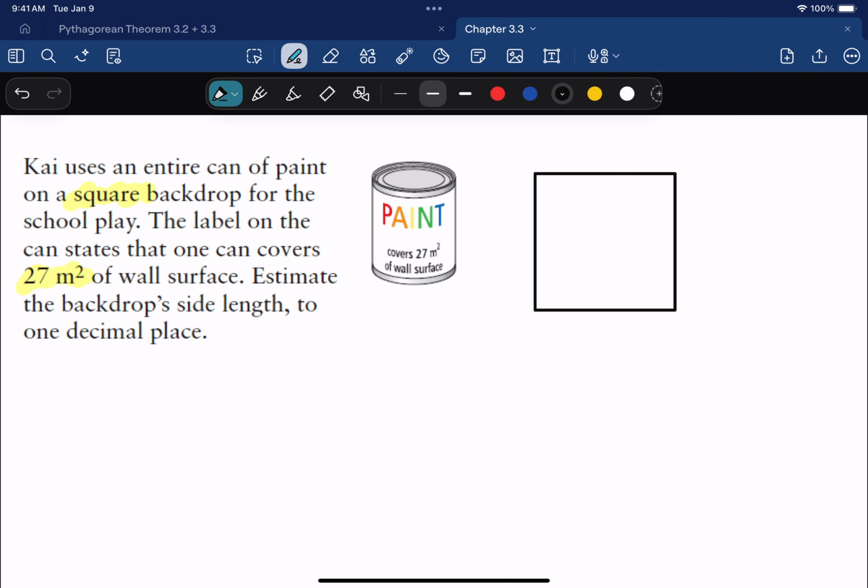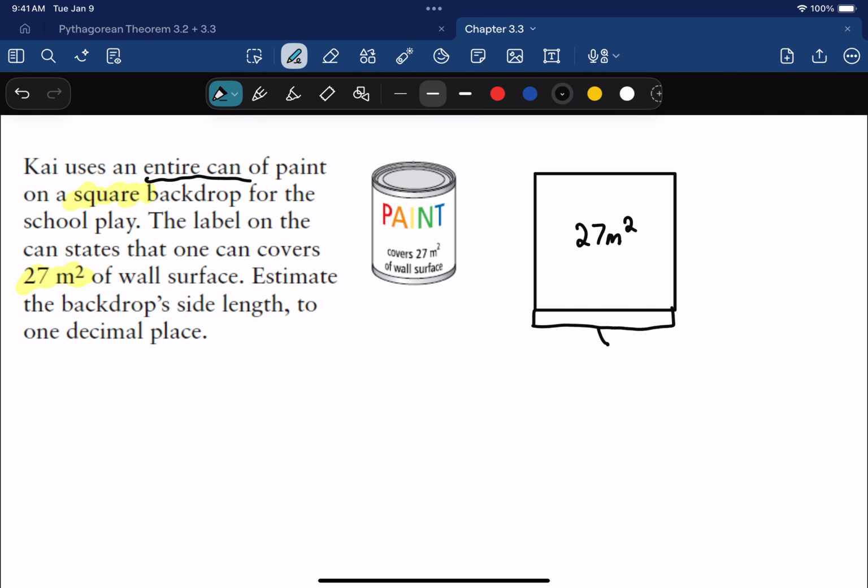The label says it covers 27 meters squared. And he used the entire can, right? He used the entire can. So he covered this whole wall. So the area is 27. Estimate the backdrop's side length. So that is this length here. So we need to figure out what is this side length.